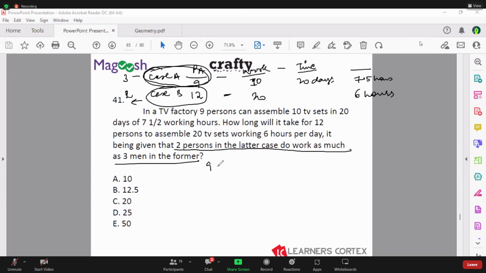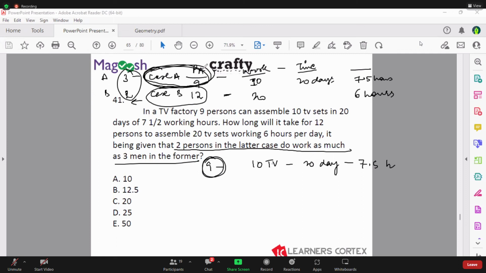So what we can do is, instead of 9 people here for 10 TV sets, 20 days and then 7.5 hours, we can remove this line, and change this 9, since the ratio of A is to B is 3:2.